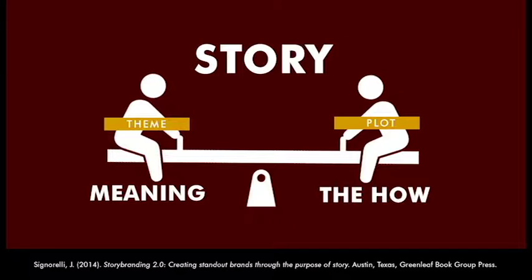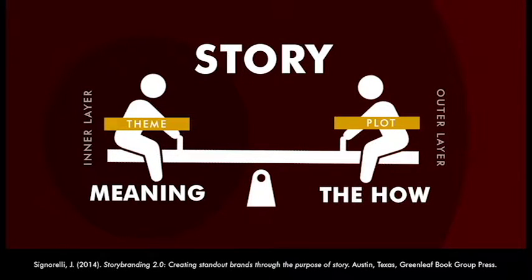Just remember that the brand's goal is to get to level 4 affiliation with prospects. So the inner layer, or the meaning, is how that affiliation happens. The outer layer, or the how that we're talking about, is still very important at meeting needs and offering that functional satisfaction.